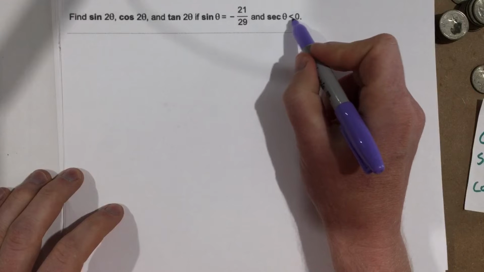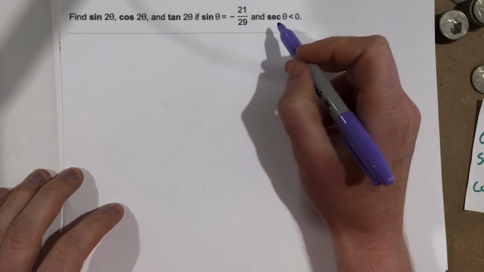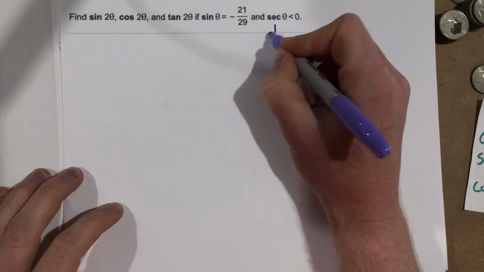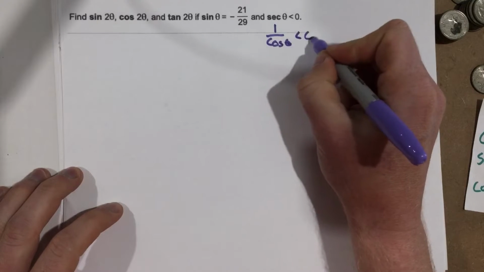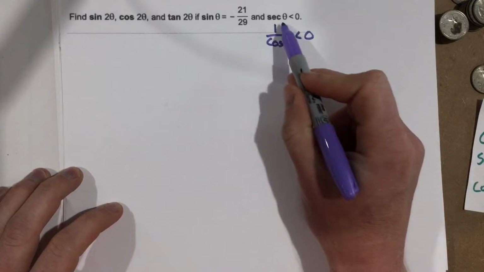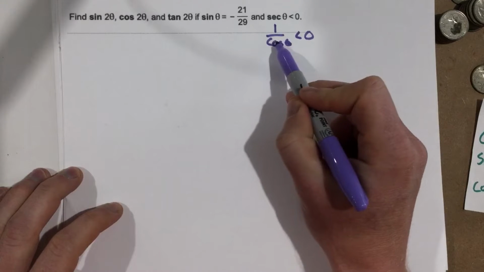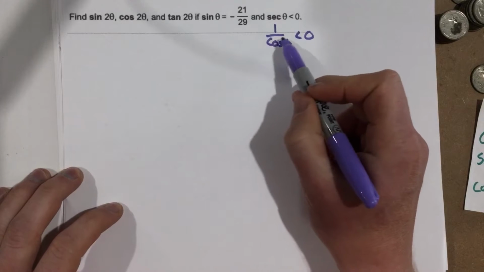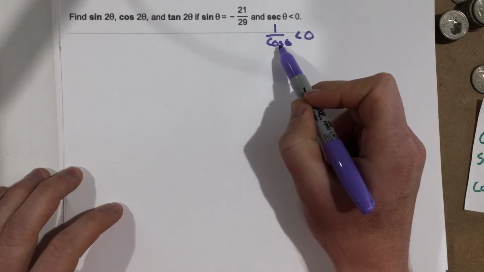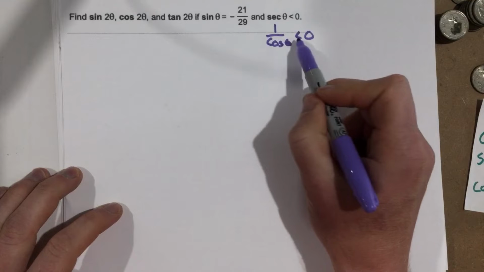They say secant theta is less than 0. Well, we know secant to be 1 over cosine theta less than 0. Which means in order for this to be less than 0, right, 1 divided by cosine theta, well, 1's positive, so that means cosine theta would have to be negative in order for this to be less than 0.